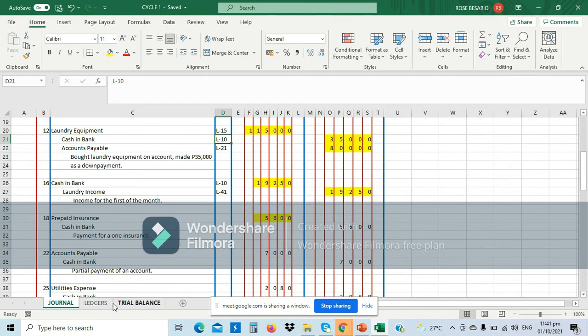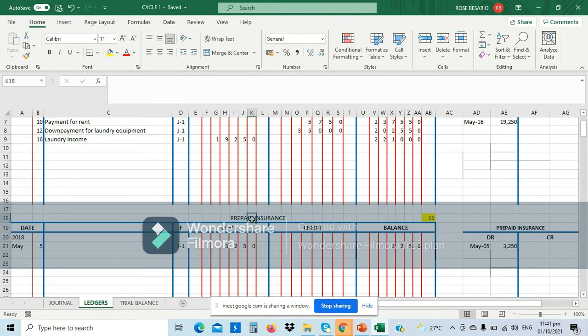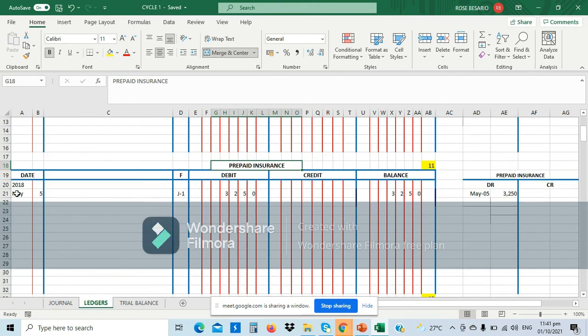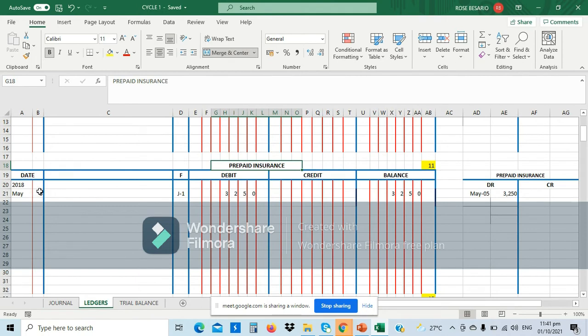So we go back to your prepaid insurance. So we have now our prepaid insurance account. So this is May 18, 5,600. So this is 18.